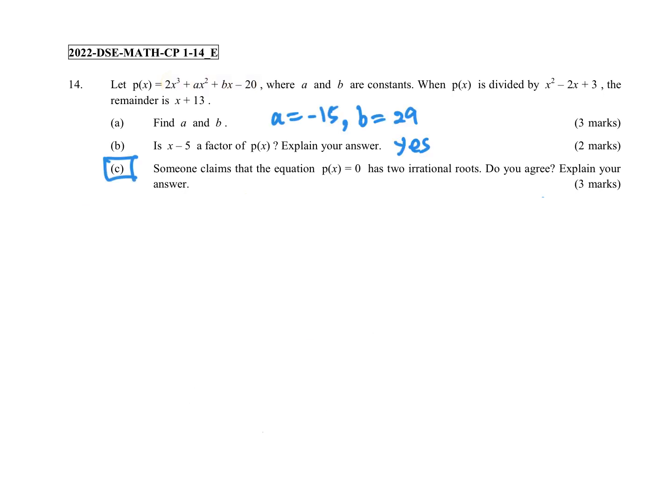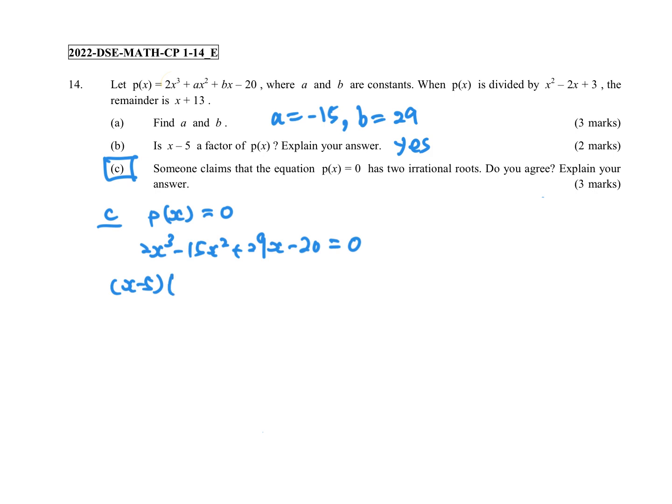Alright, in part C, we solve the equation p(x) equals 0. With part A, we have the expanded form of p(x). From part B, we know x minus 5 is a factor of this cubic polynomial.